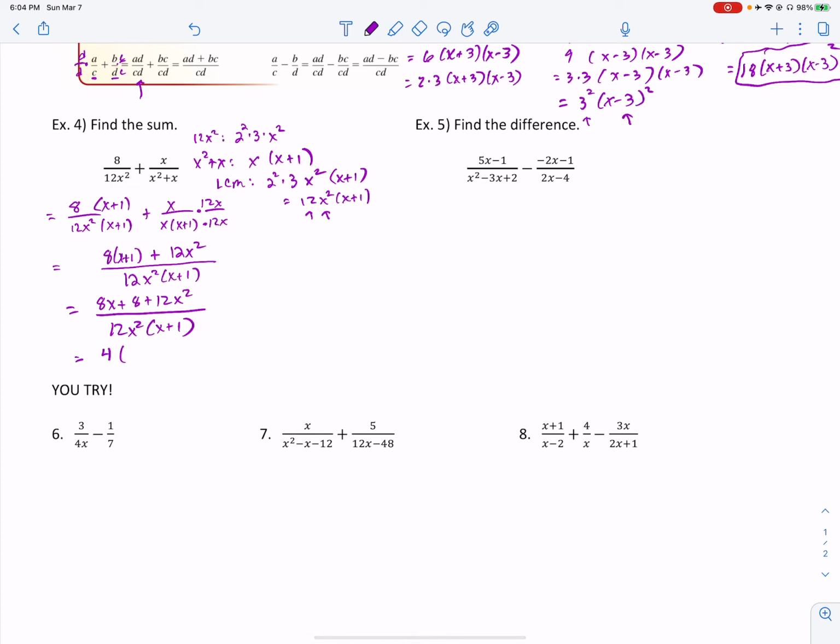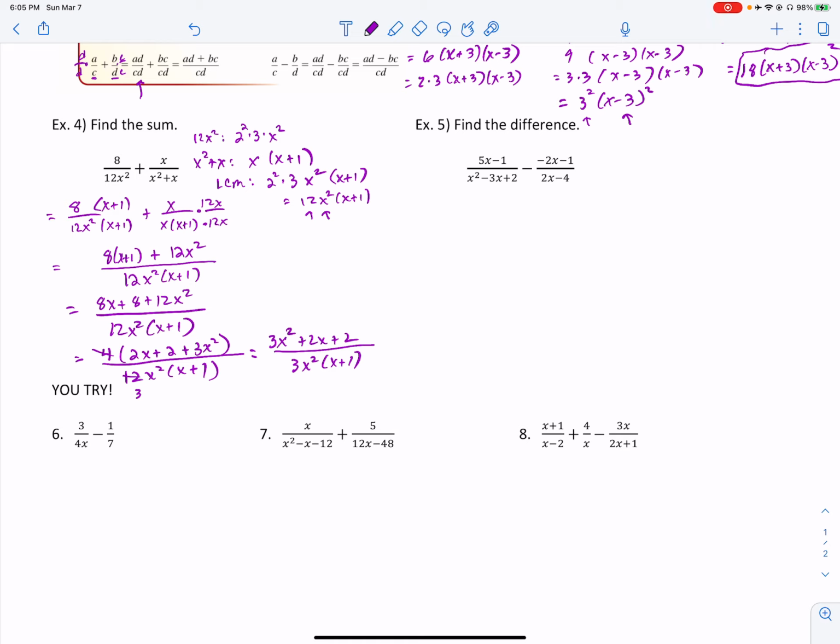And when I do that, I have a 2x plus 2 plus 3x squared all over 12x squared times x plus 1. And that 4 can go into that 12 3 times. And I can write that trinomial in the numerator. I want it in descending power. So 3x squared plus 2x plus 2 all over 3x squared times x plus 1.